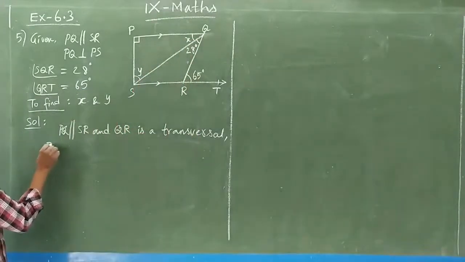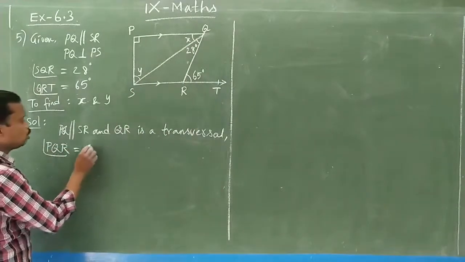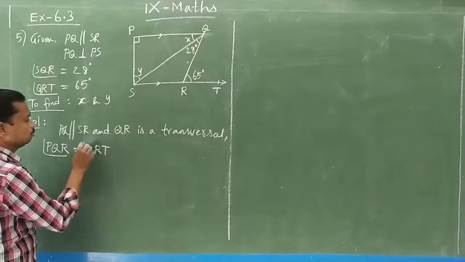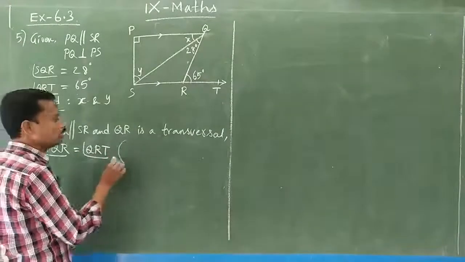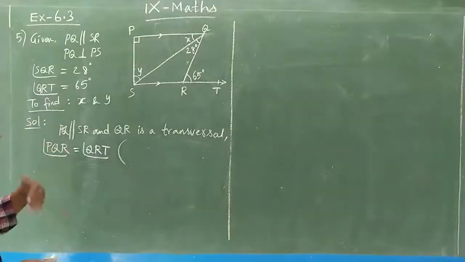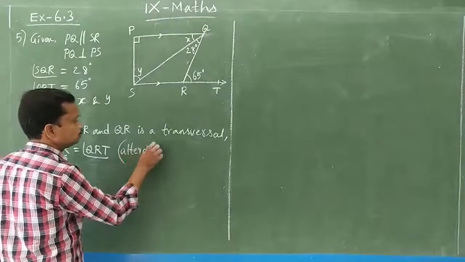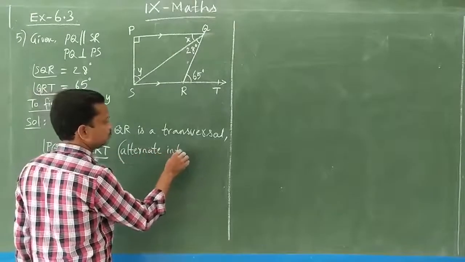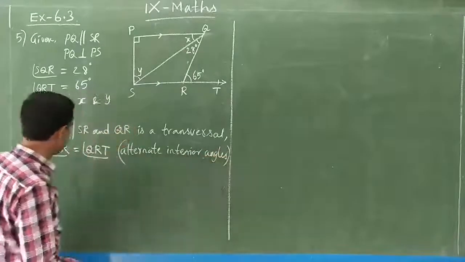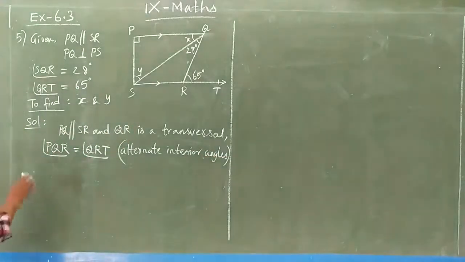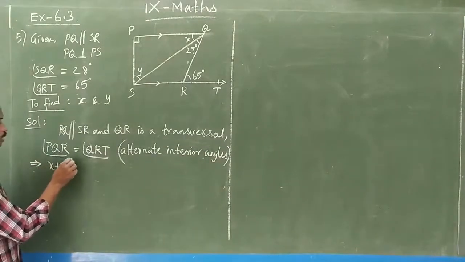what I'm writing: angle PQR is equal to angle QRP. You see the diagram carefully. PQR and QRP, they both are alternate interior angles. Since the lines are parallel, they are equal. So the reason is alternate interior angles. Okay. So now PQR is what? X plus 28 degree.